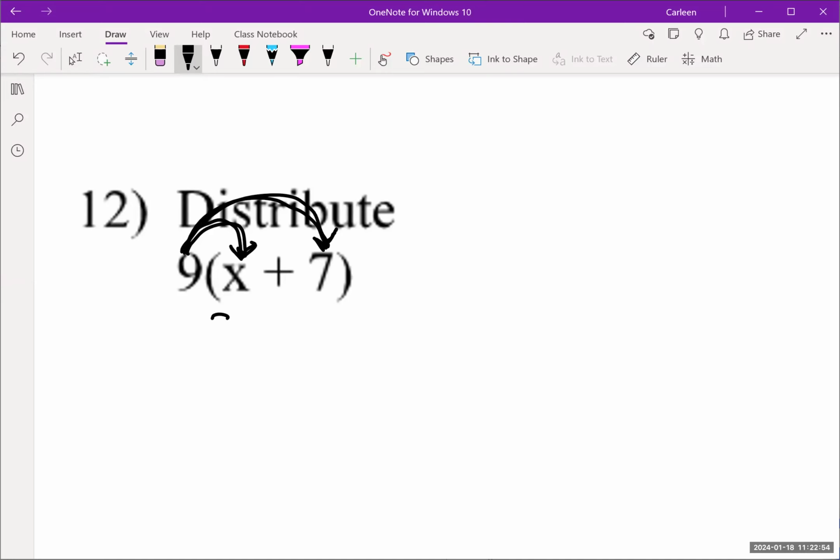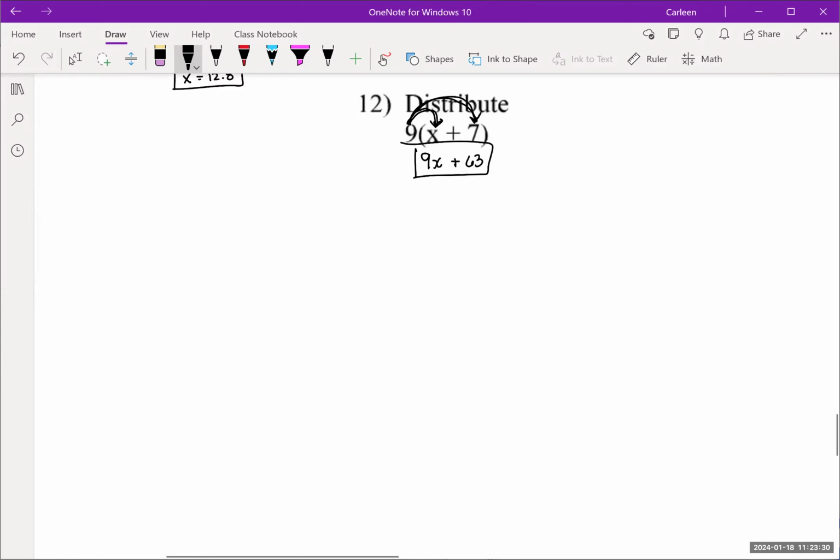Okay, so we're going to take 9 times x plus 9 times 7, which is 63. The question here, is this done or is there a next step? Yeah, it's done. It's not an equation. It's an expression. It is done. So just wanted to clarify that.